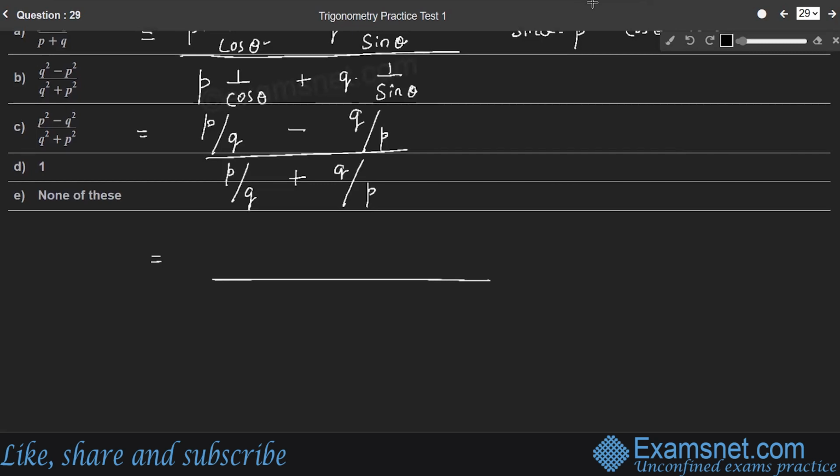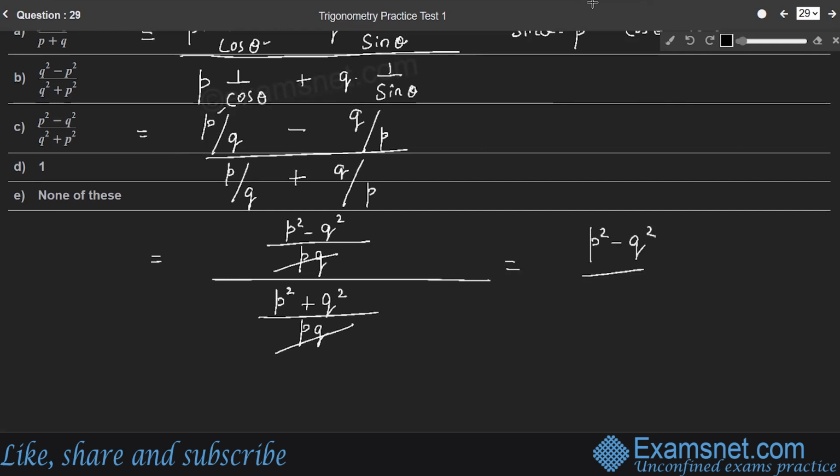In the numerator, we have PQ as the LCM and the numerator of the numerator becomes P square minus Q square, right? Then in the denominator part, we have PQ as LCM and the numerator of the denominator becomes P square plus Q square. Now we can cancel PQ and PQ. So you have P square minus Q square divided by P square plus Q square as the final answer, right?